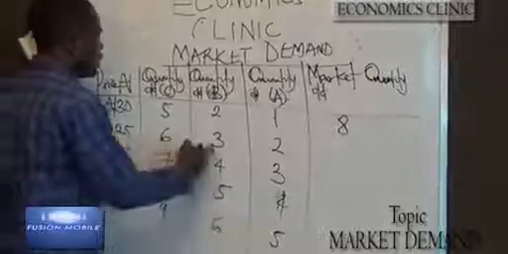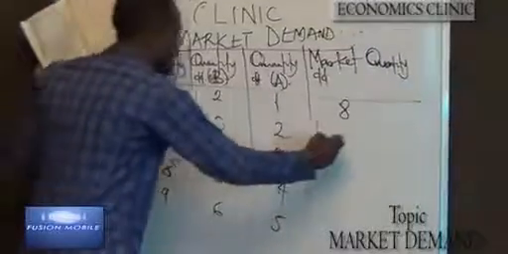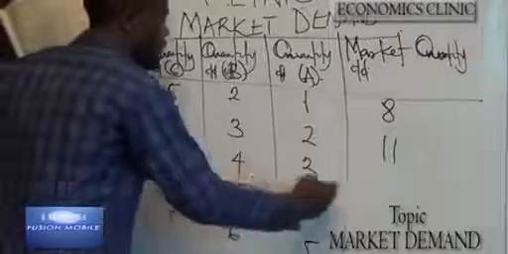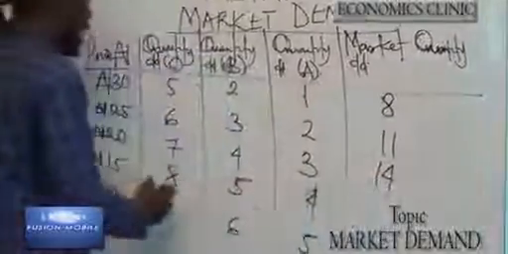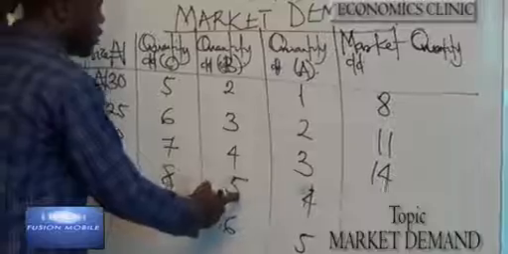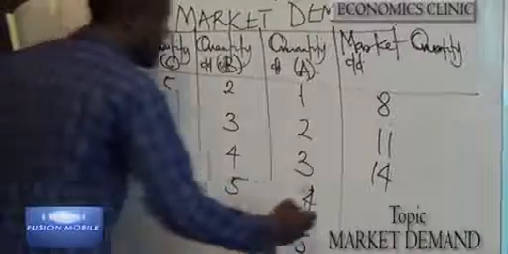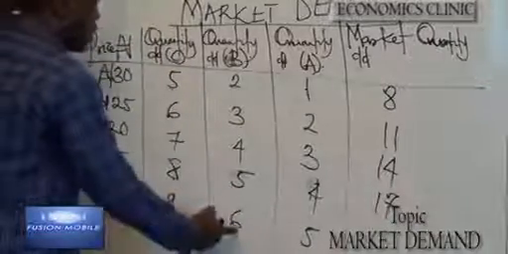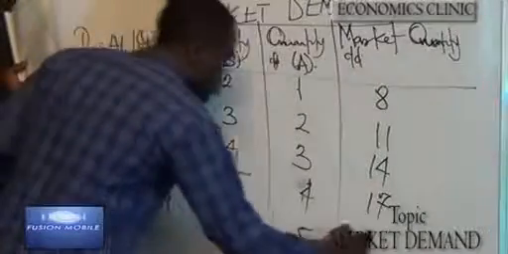We have 6 plus 3 plus 2, we have 11. We have 7 plus 4 plus 3, we have 14. We add 8 plus 5 plus 4, we have 17. And we have 9 plus 6 plus 5 is 20.